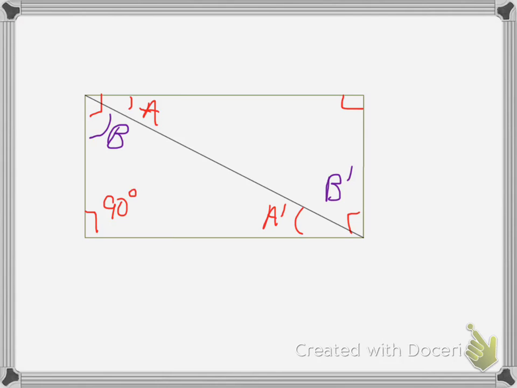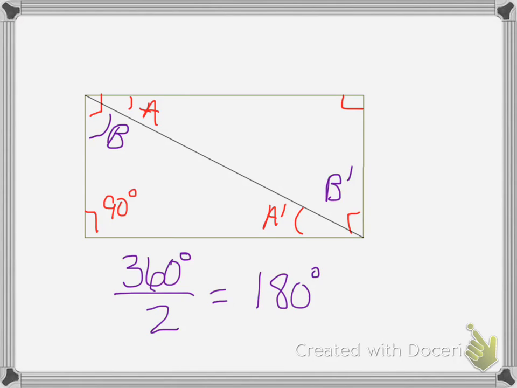And then obviously the two 90-degree angles are congruent to one another. So we could map one of these triangles onto the other. And so simply, if the sum of the quadrilateral is 360 degrees, then each triangle has half of those, or 180 degrees. So another informal proof of the angle sum theorem.